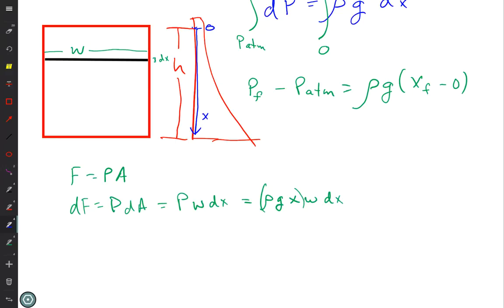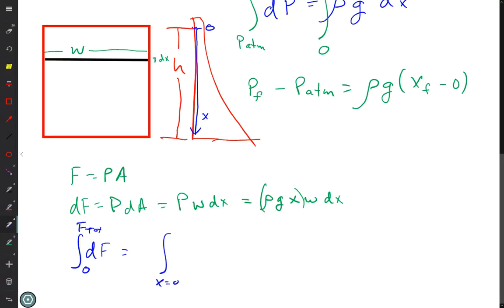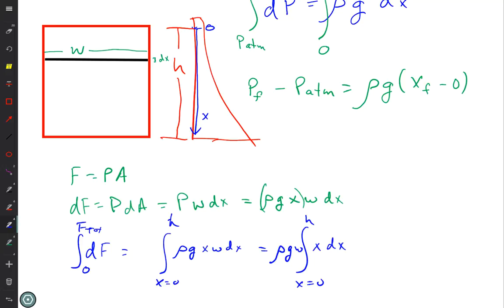I integrate both sides. So I'm going to have the integral of dF going from 0 force in the dam to the force total, F total, is equal to the integral from, again, x equals 0 to the height of my dam, h. There I took everything that's not x, everything that's a constant, outside the integral.